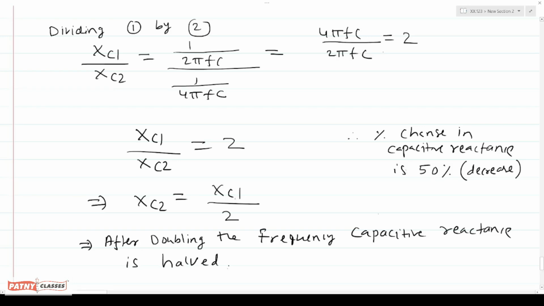So we get XC2 equals XC1 upon 2, which implies that after we double the supply frequency, the capacitive reactance is halved, that means it decreases by half. That means the percentage change in the capacitive reactance is 50%. It is a decrease, therefore it decreases by 50%.